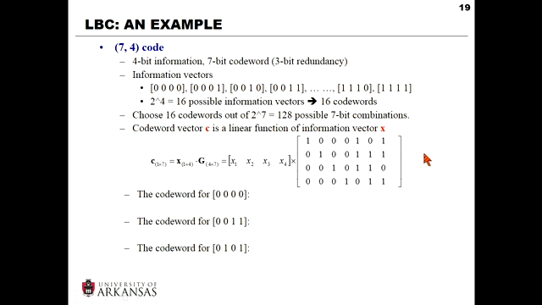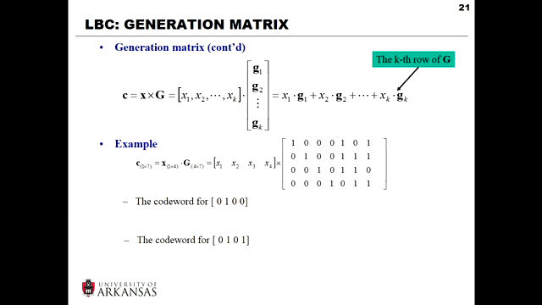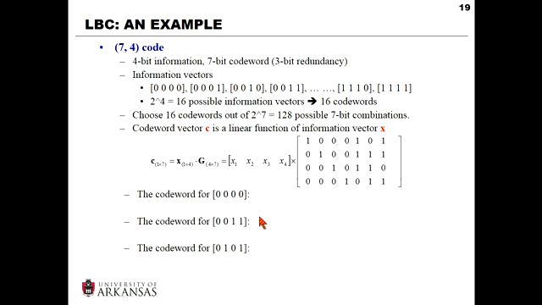As a very simple example, we can find the code word for the different sequences. Here we have this generation matrix. This generation matrix is a practical generation matrix used in real systems.